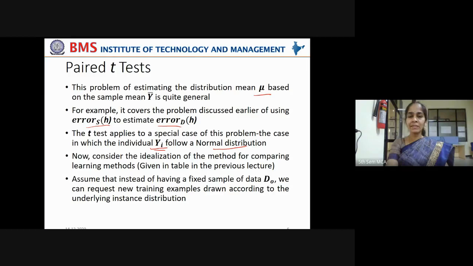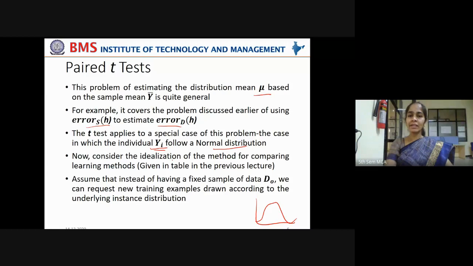In that case, when each individual yi follows a normal distribution, then the entire set of values will follow a normal distribution. When each of the students follows the rules, then we say the whole class is following the rules. In the same way, when each of the data points follows a normal distribution, the entire sample also will follow a normal distribution. That is the bell curve, right?